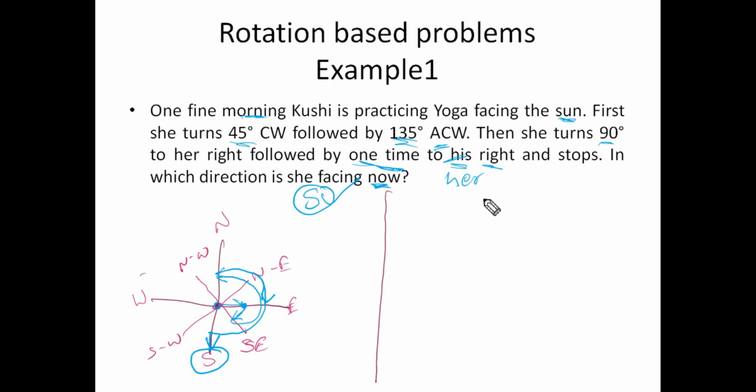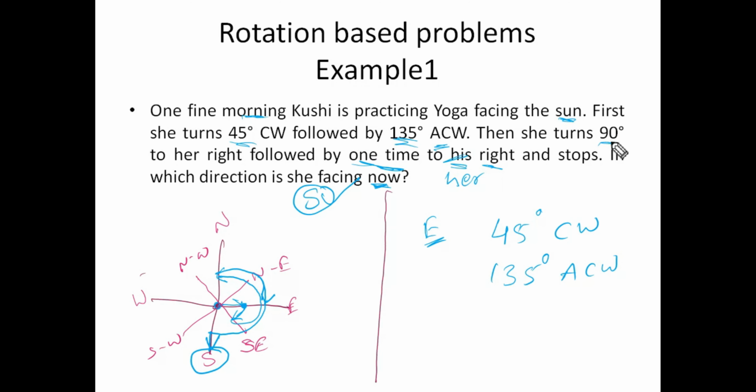Now let's see the shortcut method. Here we don't need to draw the diagram, and directly we can go with the angles only. So initially she is facing east. From there she turned 45 degrees clockwise. Then she turns 135 degrees anti-clockwise.